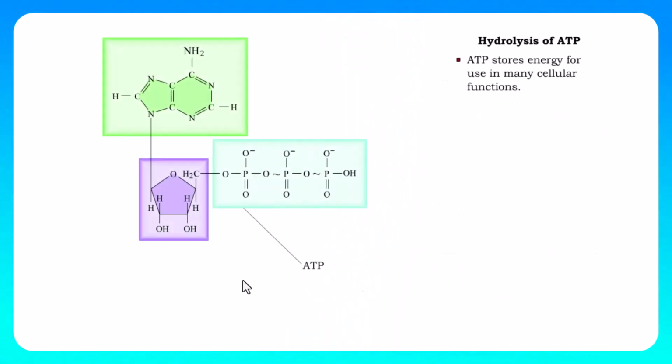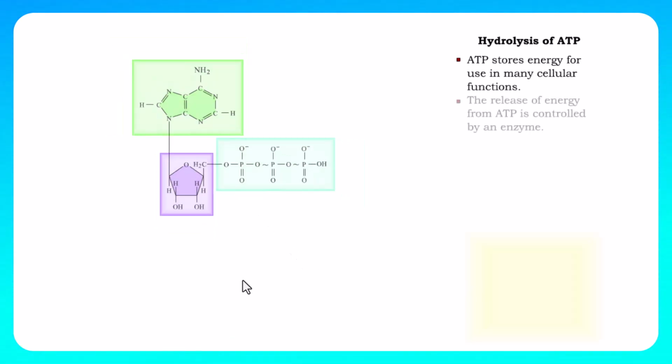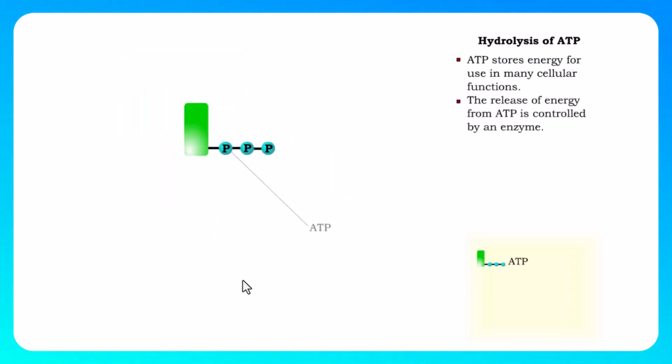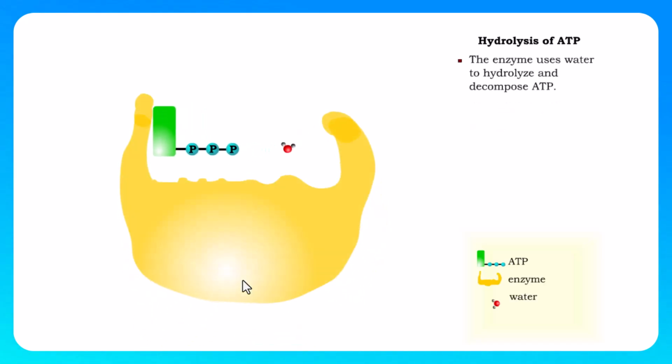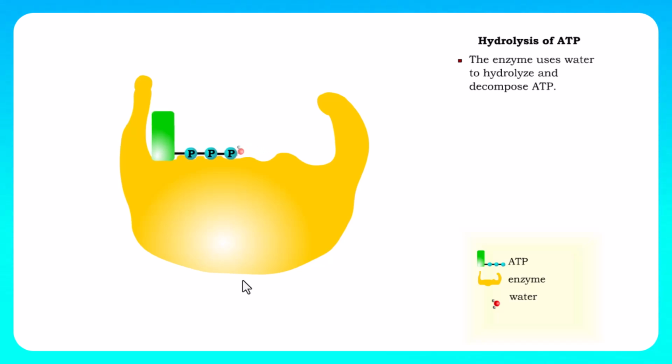Let's see one more example of an exchange reaction. ATP, or adenosine triphosphate, is a molecule that stores energy that can be used by the cell. The reaction releasing the energy is an exchange reaction, even though it looks like decomposition. The release of energy from ATP is controlled by an enzyme.